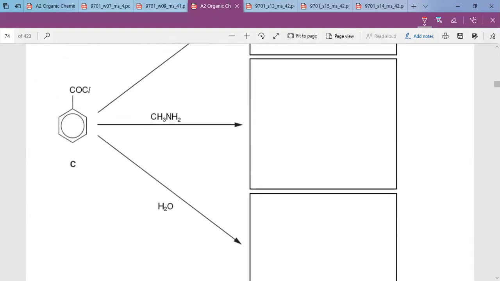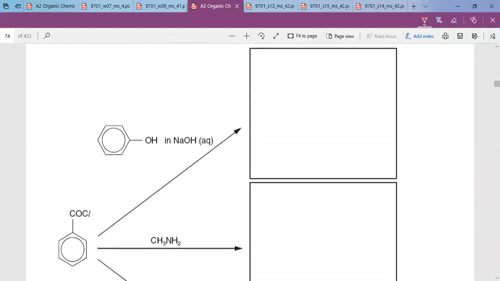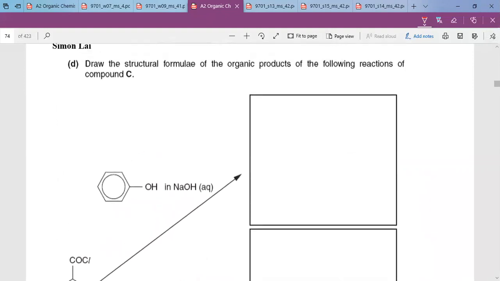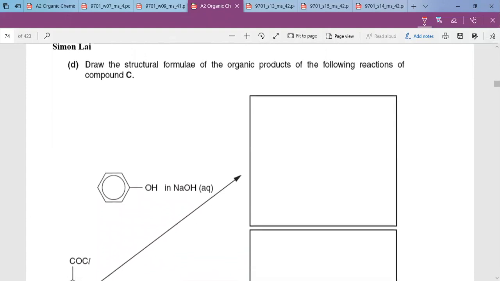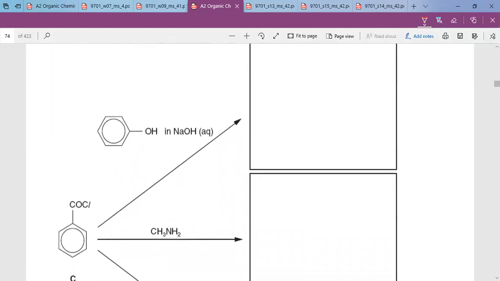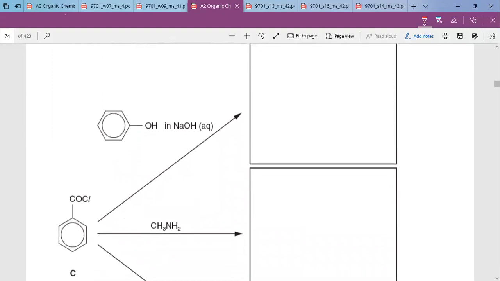Now this is our question: draw the structural formulae of the organic products for the following reactions in compound C. So these are called synthetic routes, from here to here. Obviously, these are acyl chlorides. Between here, of course, what happens?